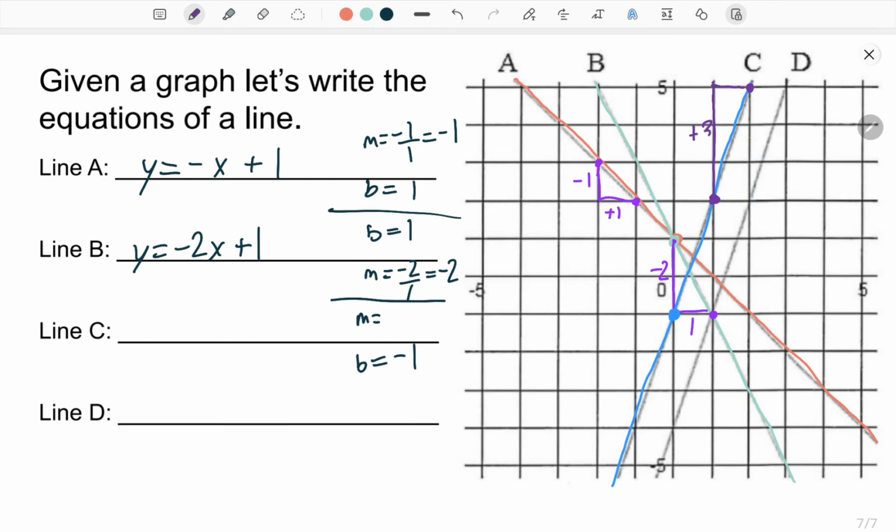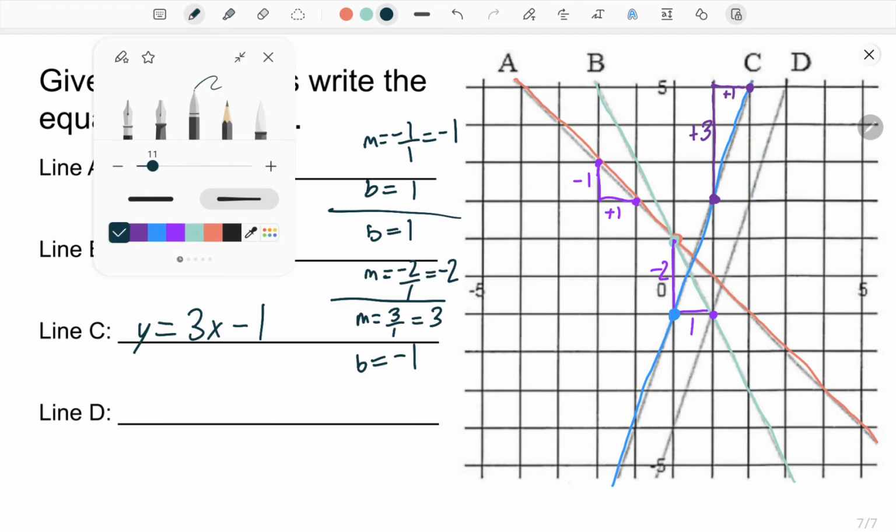So that's up 3 and across 1. And so in terms of a slope, that would be a rise of 3 over a run of 1, which is the same as just saying 3. So y is going to be equal to 3x plus or minus 1, and because we have a negative in front of our y-intercept, it's 3x minus 1.